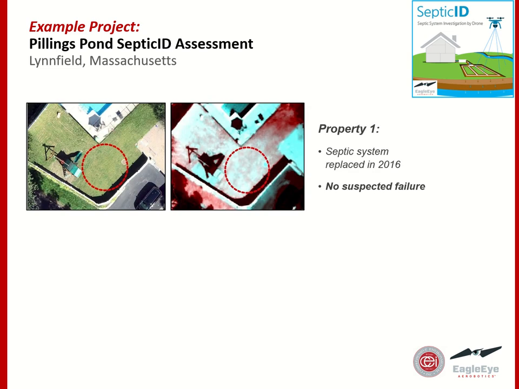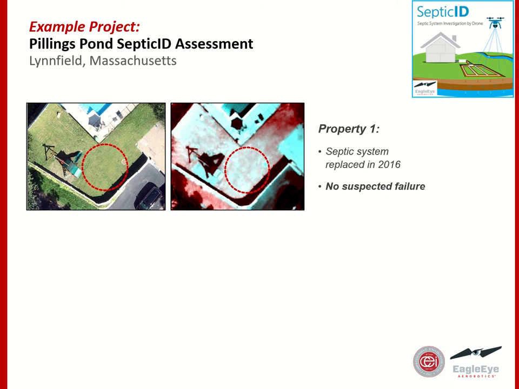For the first property, the image on the left is a typical camera image, what we would call a red, green, blue image, similar to what you would get from a typical camera or from your cell phone. And you can see from the grass lawn that it looks fairly uniform in all parts, and that the near-infrared image on the right also shows no indication of anything that would jump out as a difference in the vegetation that would indicate a failing septic system.